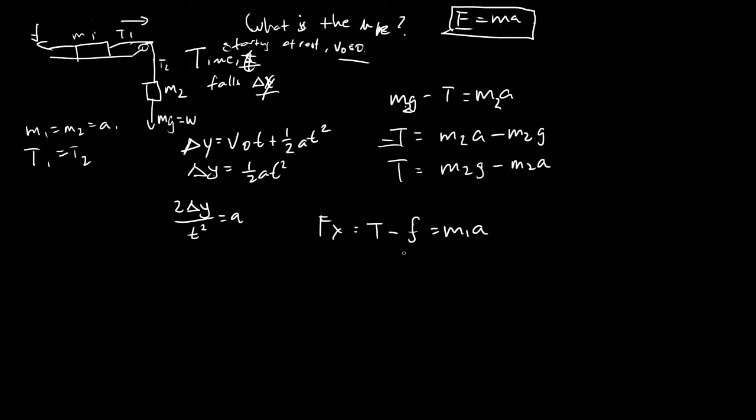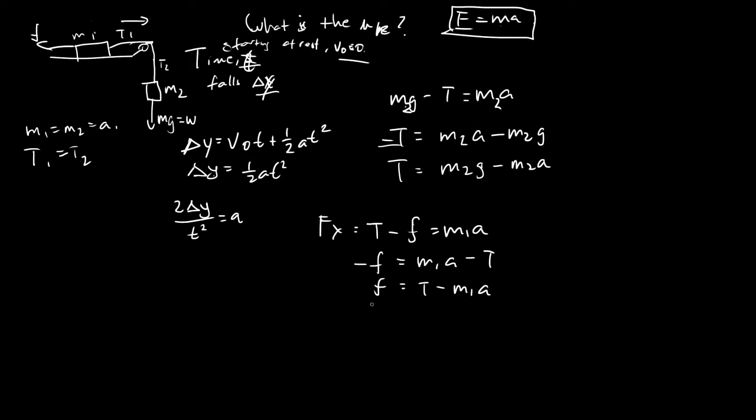So from this, we know negative F equals M1 A minus T. So F is just equal to T minus M1 A. Does that make sense?